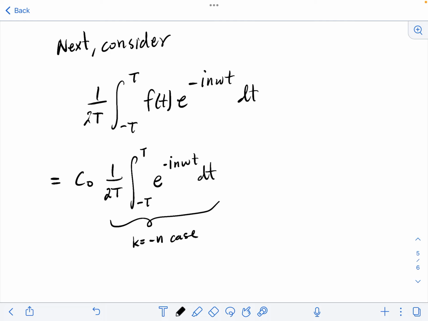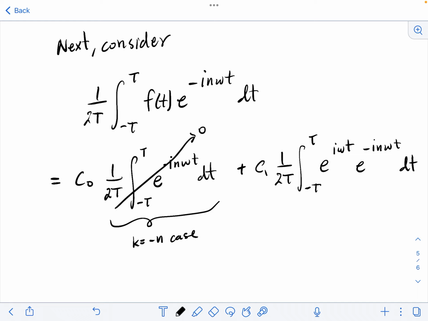And then we'd have plus c1, 1 over 2T, integral from minus T to T, e to the, let's see, the c1 case is going to be e to the i omega t, and then we're going to multiply by e to the minus i n omega t, integral with respect to t.